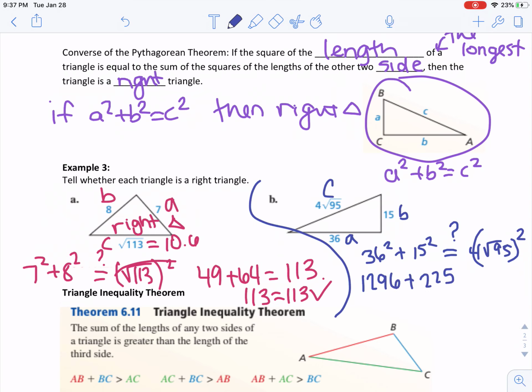Okay, got 2 more examples. We're almost done here. Triangle inequality theorem. The triangle inequality theorem is actually from chapter 6, and we skipped over chapter 6. We're not doing it. But the triangle inequality theorem says that if I pick any 2 sides in a triangle, in order for it to make a triangle, any 2 sides have to add together to be bigger than the third side.